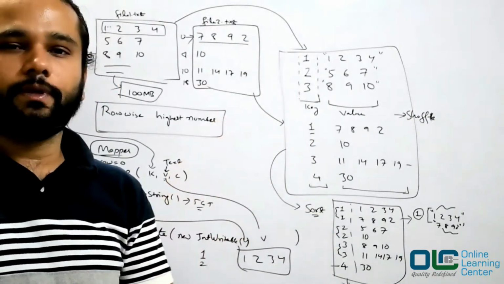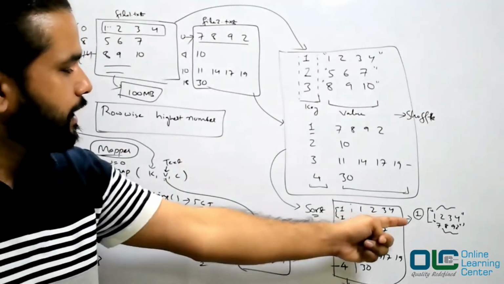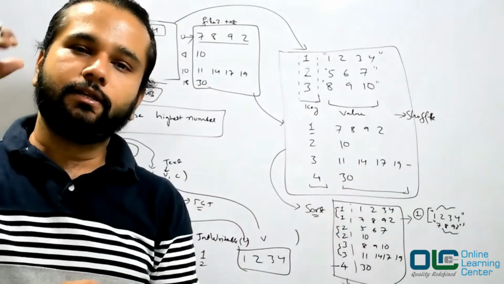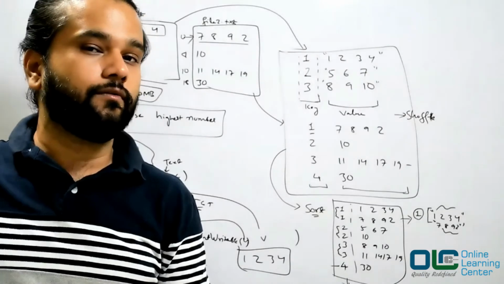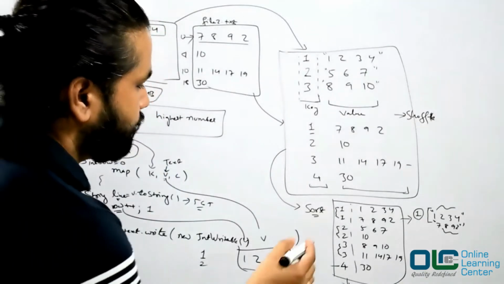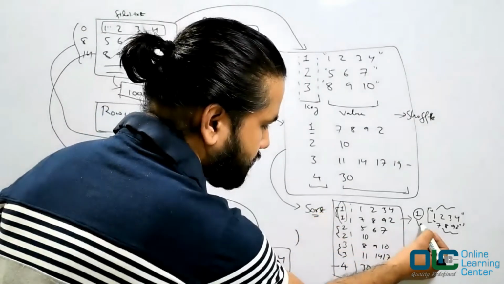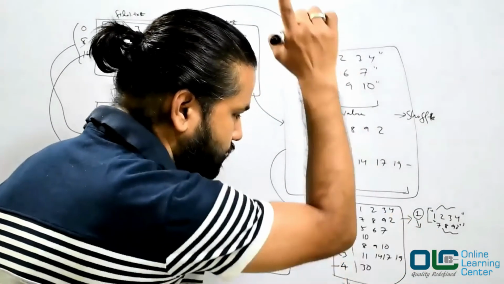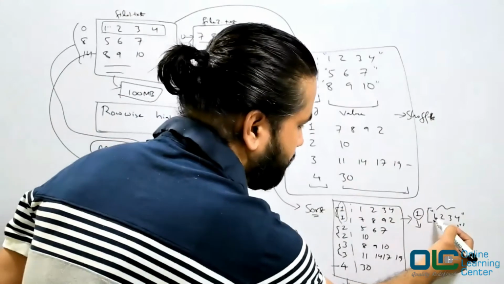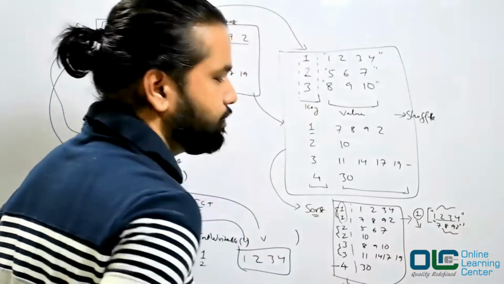And then we used to group them. When you group, you used to get apple, then in the bracket 1 1 1 1 1 1. Similarly here, consider 1 as the key like apple, and all these values are in that place. So here it will remain 1 2 3 4 7 8 9 0 9 2.